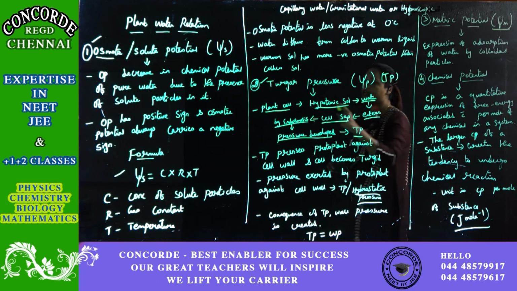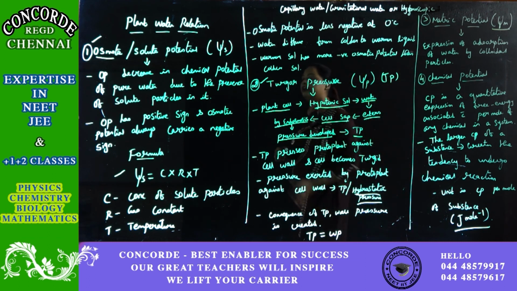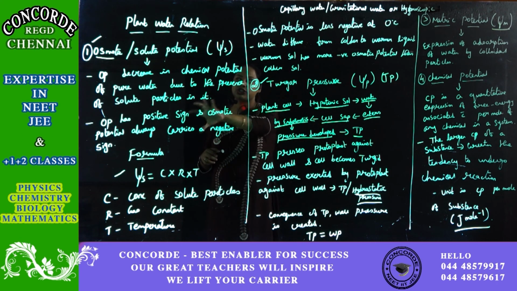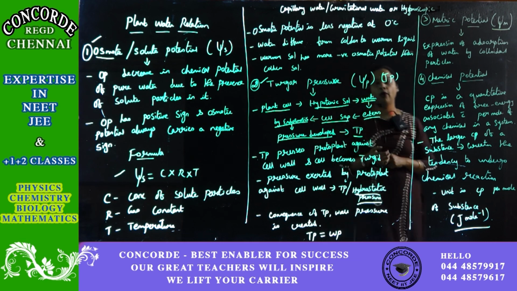So for that, Turgor pressure is important. And matric potential and chemical potential determine how much of the substances are present in the solvent, which determines their potential. When you talk overall about the plant water relationship, these two, osmotic potential and Turgor pressure potential, are very important points. Okay.